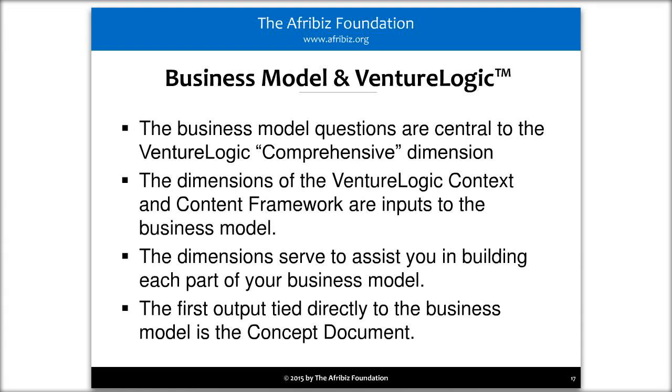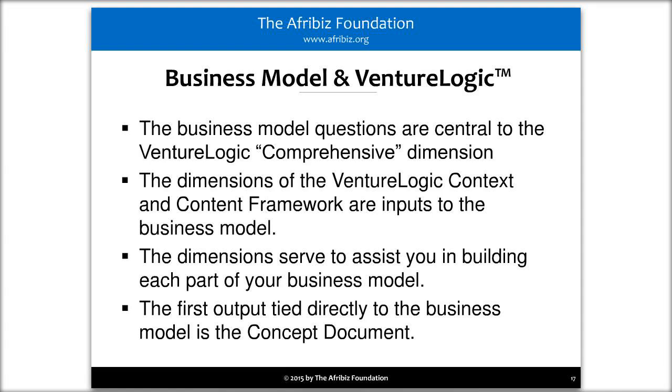So, how does this business model, what we've been talking about, interact with venture logic? First, the business model questions are central to the venture logic comprehensive dimension. If you remember, I think it was in the first week, I laid out the 30 or so questions related to the comprehensive view, which really is the input for your concept documents, okay, which is undergirded by the detail that you have in all of the other 21 categories, okay?